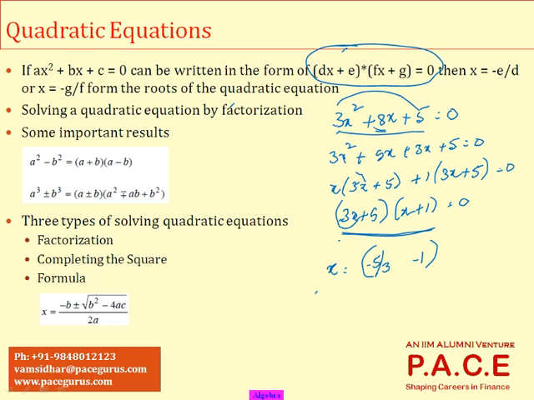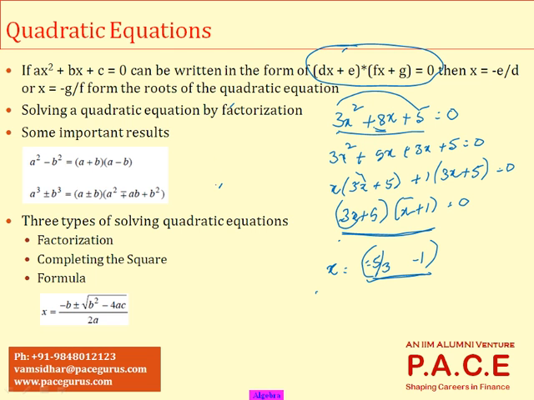Or if you substitute minus 1 wherever x is present, you will get the value 0. That is the root. Whenever I substitute those values back into the equation, I get 0 itself. That is an important result that needs to be remembered.